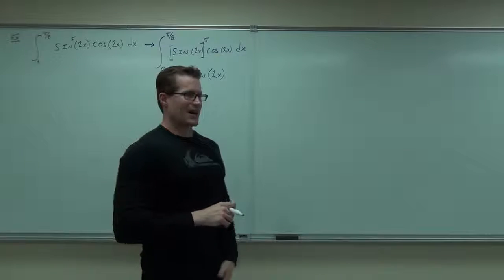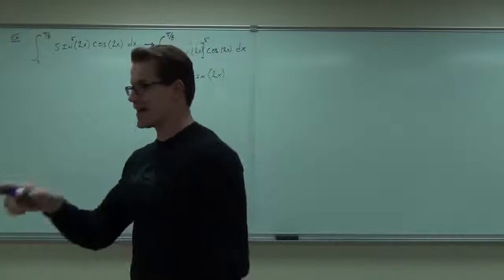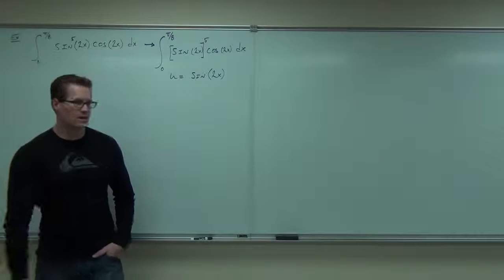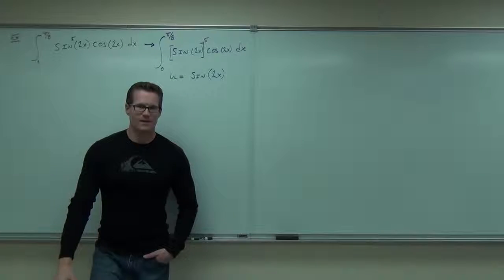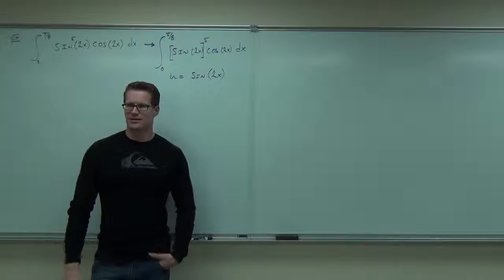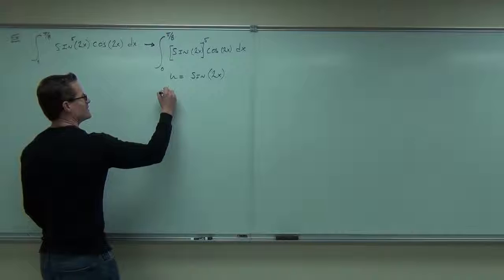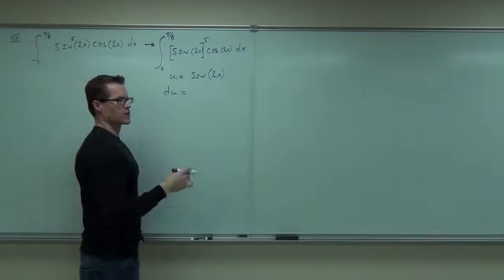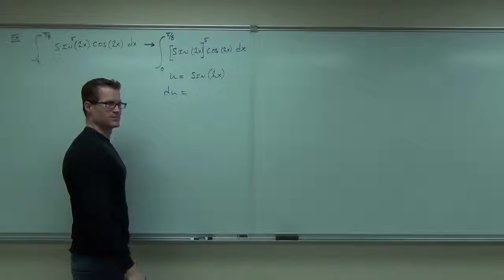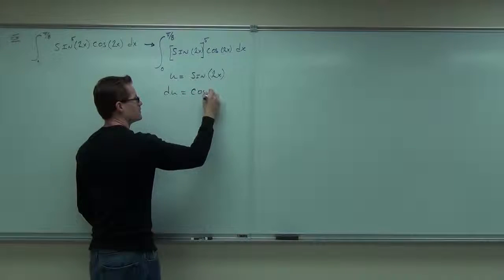Now, you've got to remember how to take derivatives of sine of 2x, because a lot of people here forget one thing about this. It's a chain rule, the general power rule or whatever. du equals... Here's how you do chain rule. You take your sine, flip it to cosine of 2x, multiplied by the derivative of the inside, d/dx of 2x.